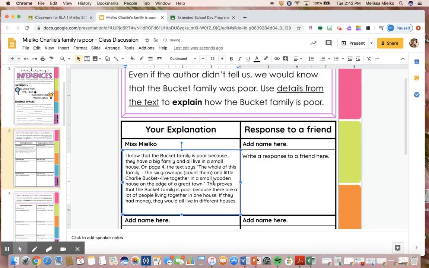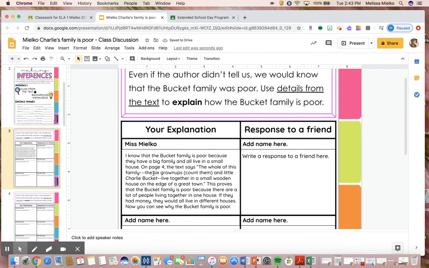Back to my explanation, the last part is S: sum it up. Now you can see why the Bucket family is poor. That is how I organize my writing.